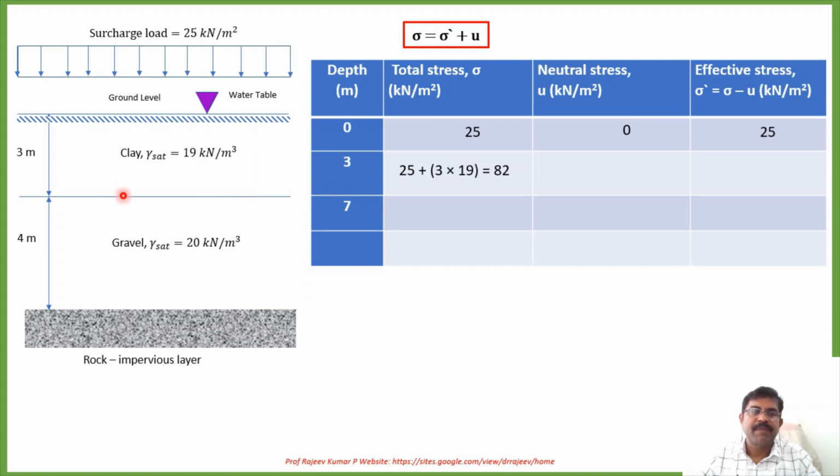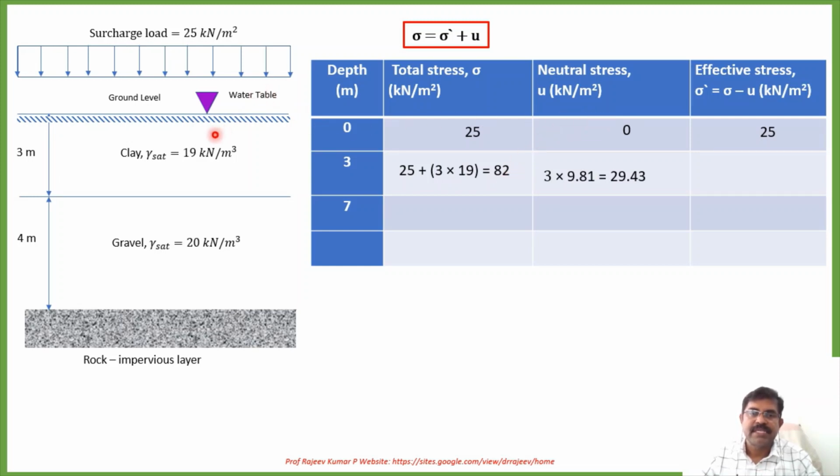Similarly, for 3-meter depth from the ground surface, the total stress is 25 kN per meter square, which is acting as surcharge loading at the ground surface, plus unit weight of clay layer is 19 and the depth is 3 meter, you will get 82 kN per meter square.